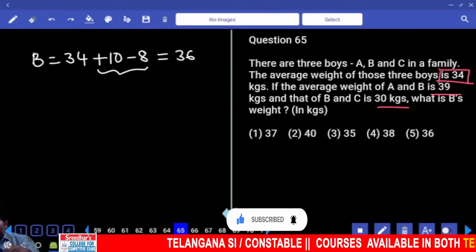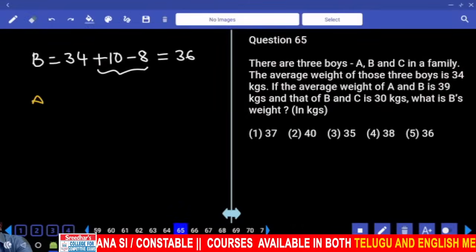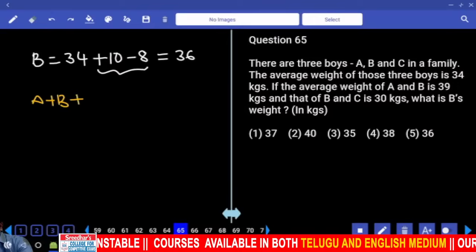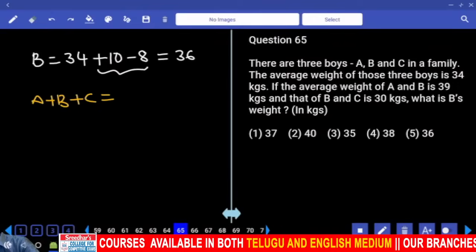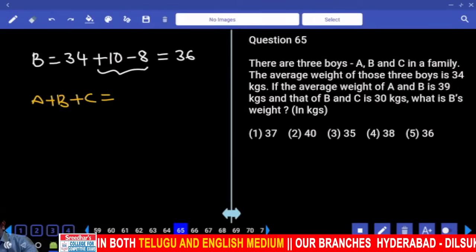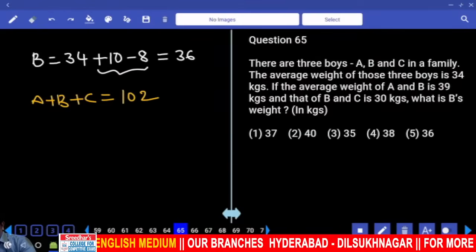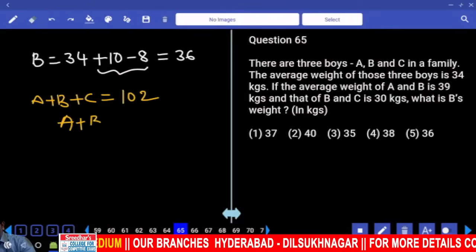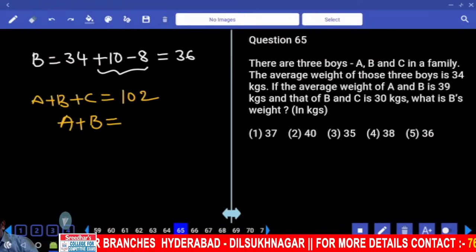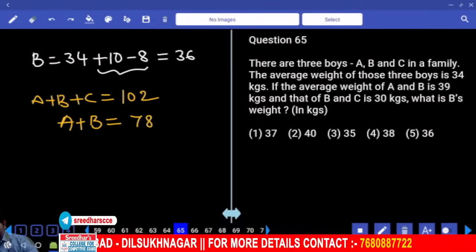If you want to solve it using traditional way, average of 3 mentioned as 34. Sum of three numbers is 34 three times. 102. AB average mentioned as 39. Sum becomes 78.